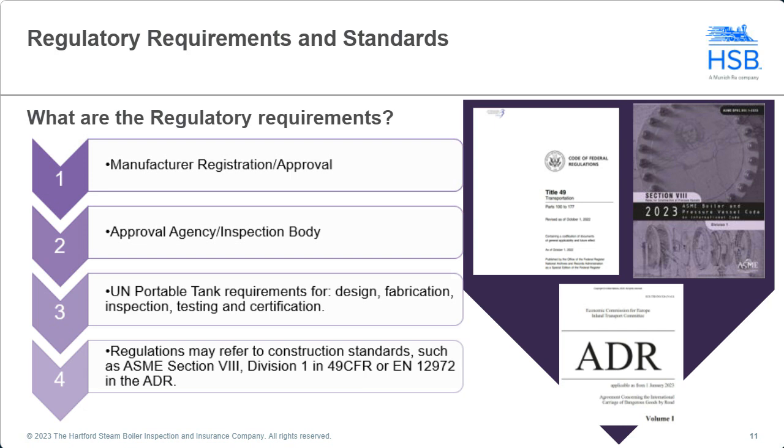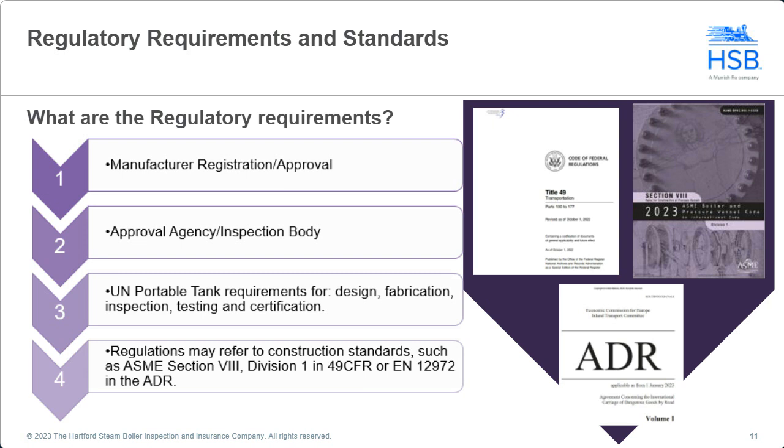An example of why we need to look at that is US DOT requires the manufacturer to be registered with the US DOT and have an ASME certificate of authorization to manufacture pressure vessels to ASME Section 8 Division 1. US DOT requires the manufacturer to apply for approval to a designated approval agency such as HSB.